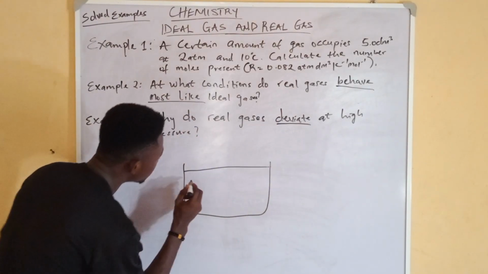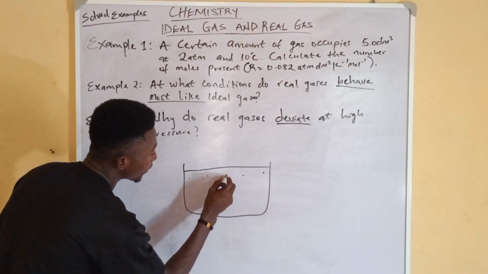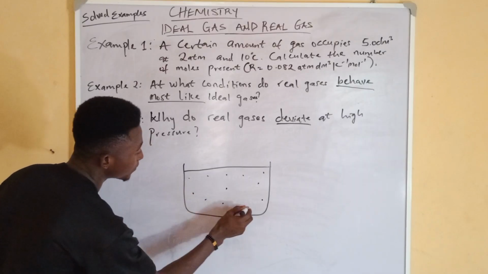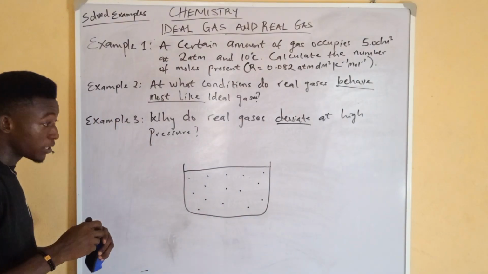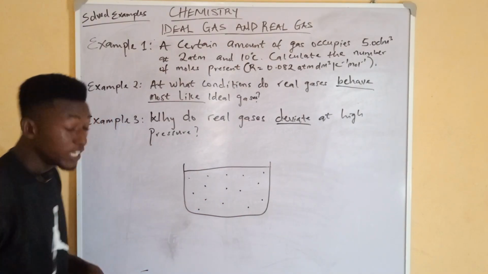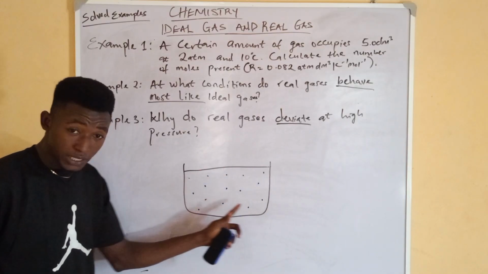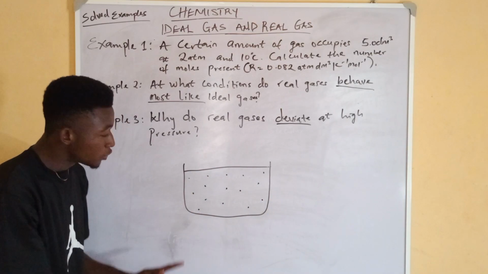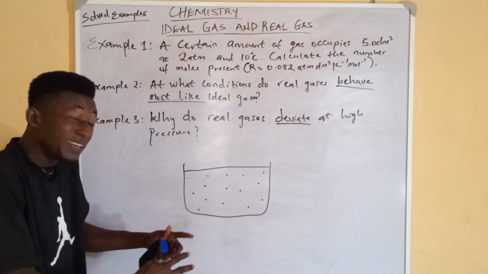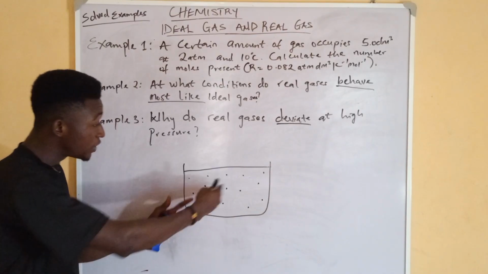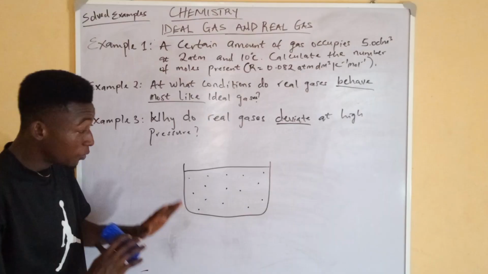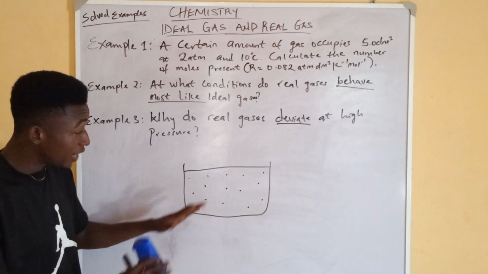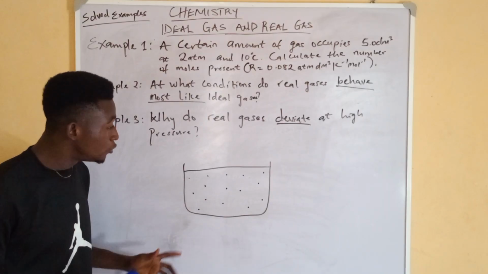And let's assume that there are gases here. They will be moving about, so the volume is a bit wide and this place can contain them. Though they might collide with themselves and the walls of their container, they will move freely and randomly.